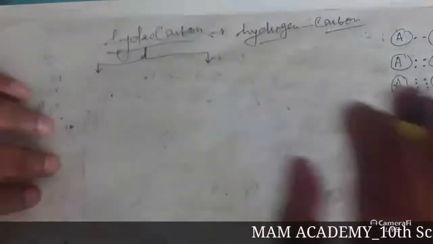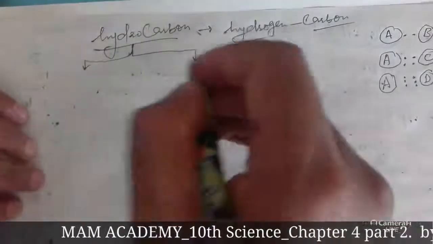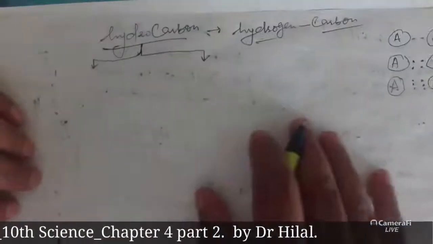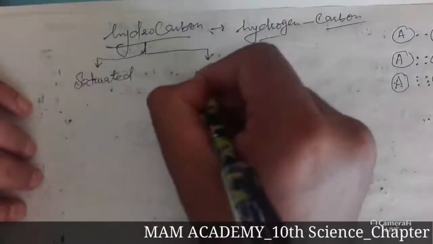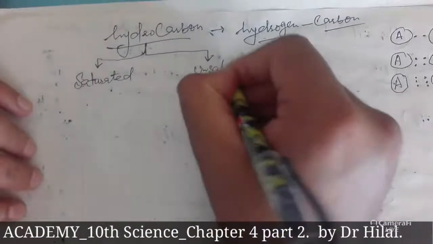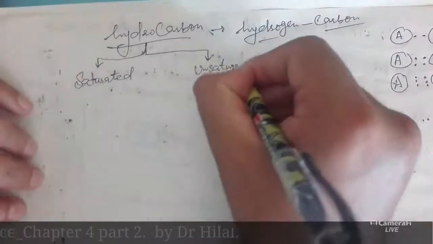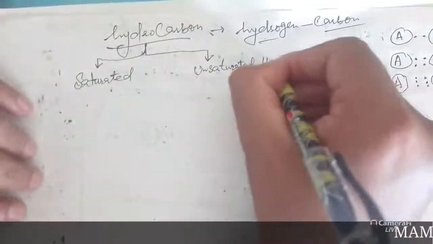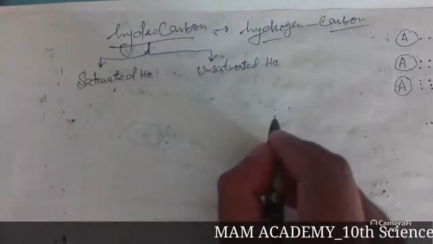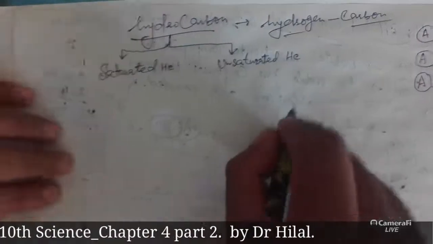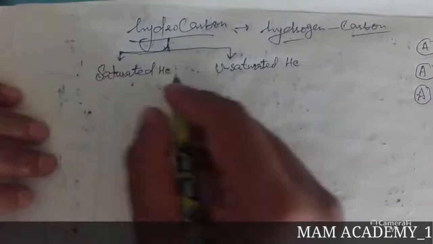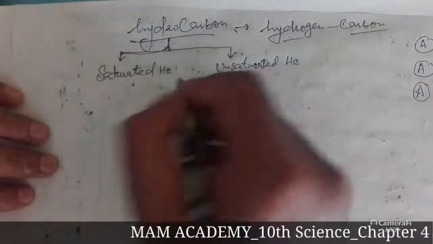So based on this, whether it has a single bond or more than one bond, we call them saturated hydrocarbons and unsaturated hydrocarbons. Saturated hydrocarbons are the hydrocarbons where in that compound we have only single bonds.